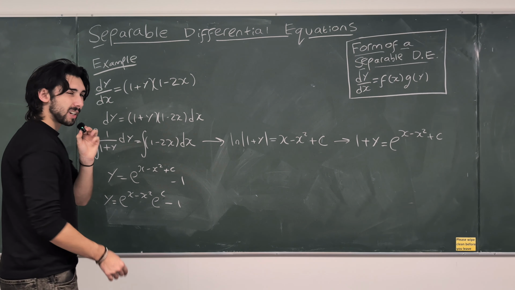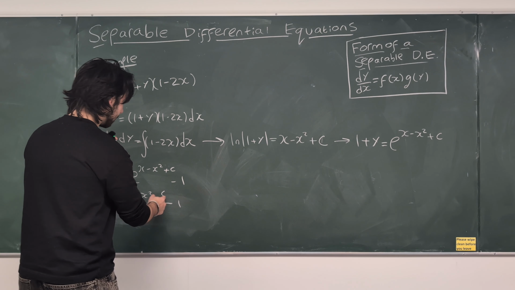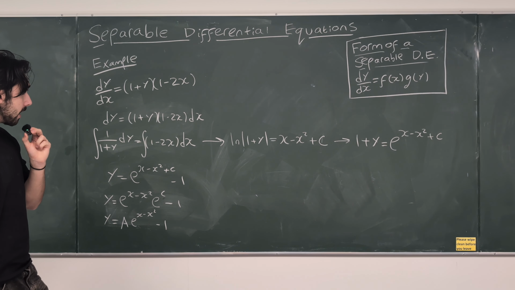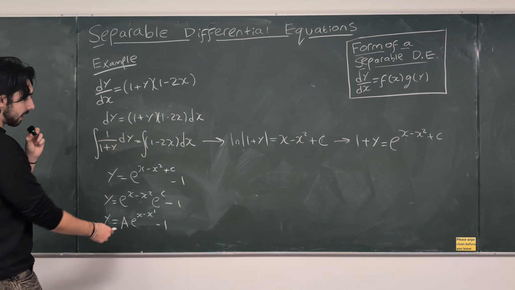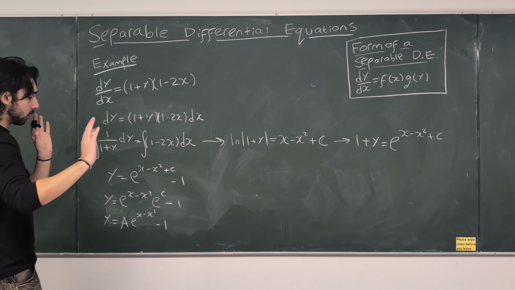So e to the c, I can rewrite as a new variable. And what's pretty common is to write e to the c as capital A. So I can write this as capital A e to the (x minus x squared) and then minus 1 just on its own like that. Okay, cool. So that's the answer, A e to the (x minus x squared) minus 1. So that is the function that if you were to plug it into this, it would work.